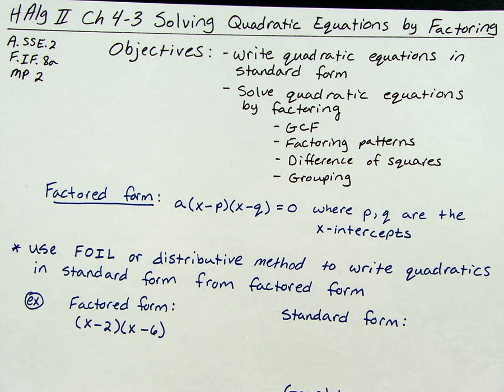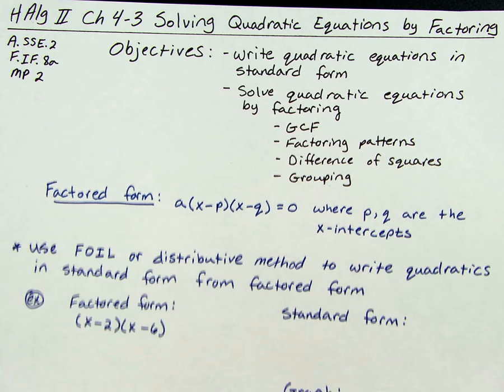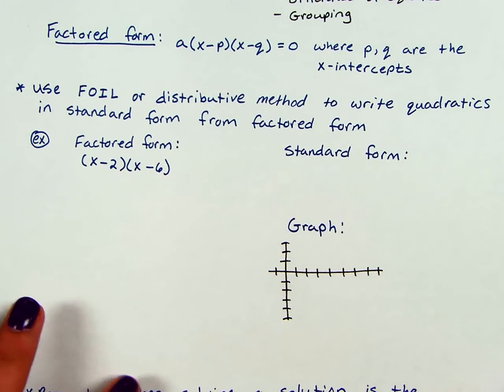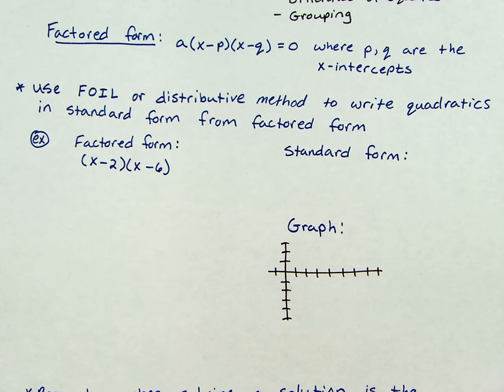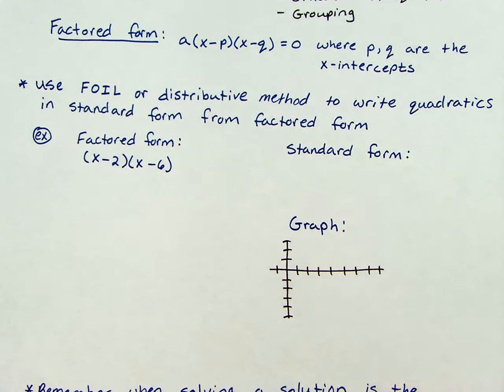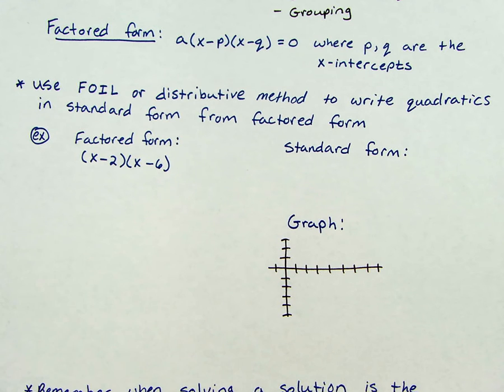To start with, we're going to go through how all of the forms are related again, and then we'll do some examples. We're going to use FOIL, or our distributive method, to write quadratics in standard form from factored form. If this is our factored form, we're just going to FOIL it back together.